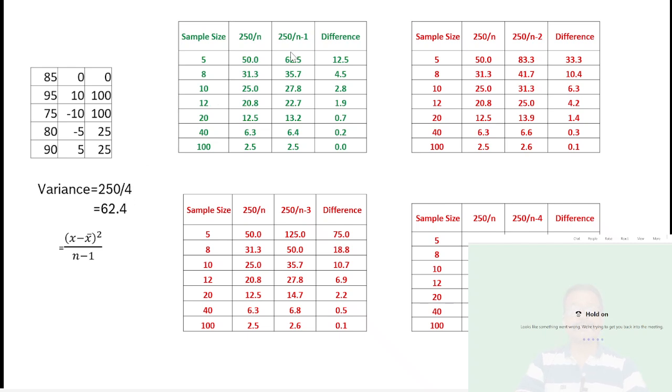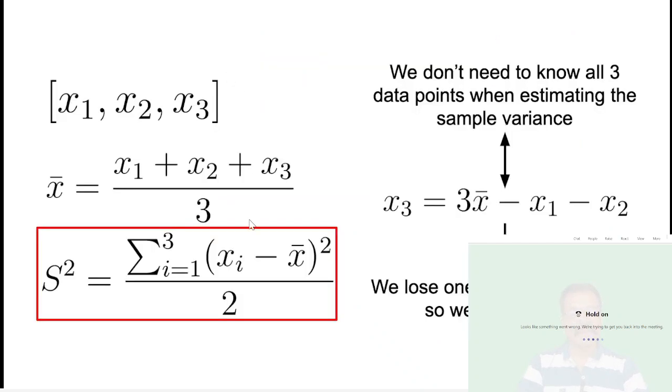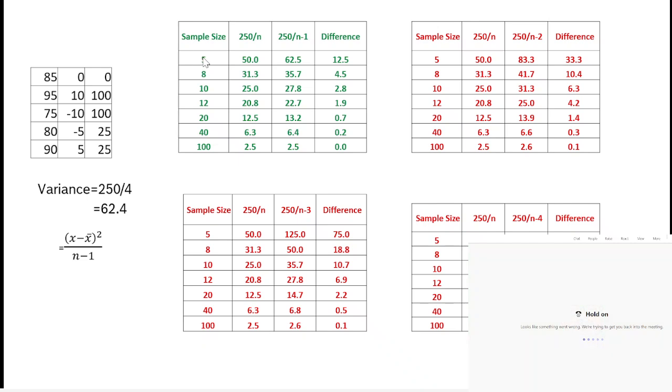Now it was proved that if I reduce the denominator by subtracting 1 from n, then my standard deviation, or the variance in this particular case, will almost match the population variance; it is not matching if I don't subtract that. Here you can see the number of samples is 5.